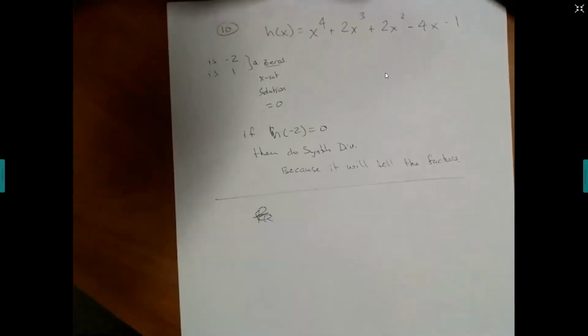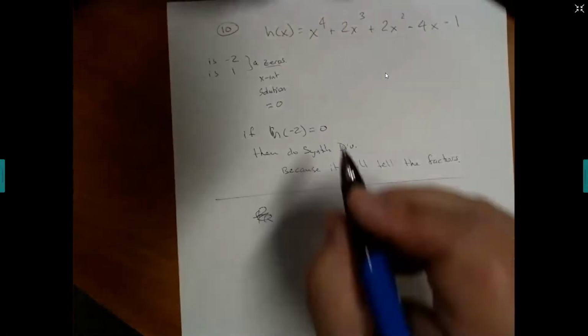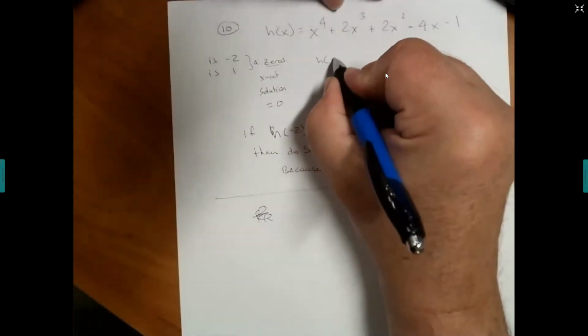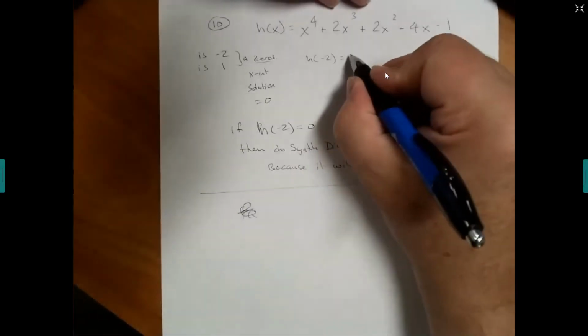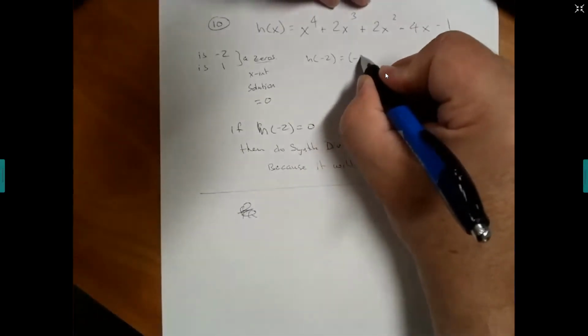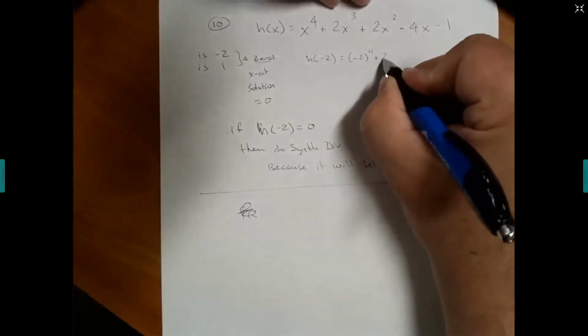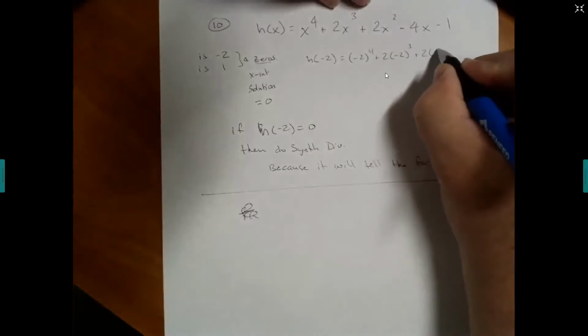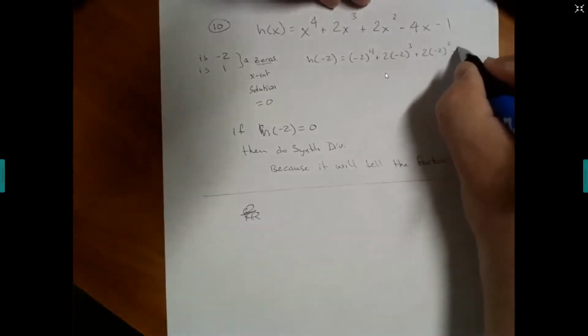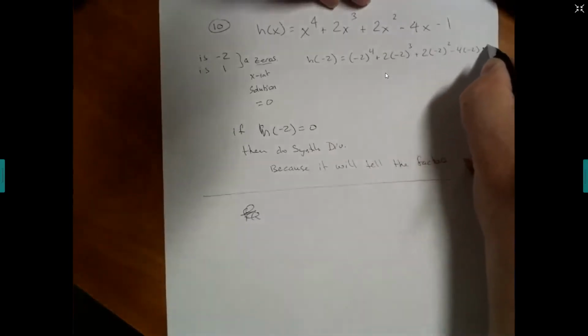Let's see which one became a 0 for sure. Let's just do these. Let's try h of -2. So we have -2 to the 4th plus 2 times -2 cubed plus 2 times -2 squared minus 4 times -2 minus 1.